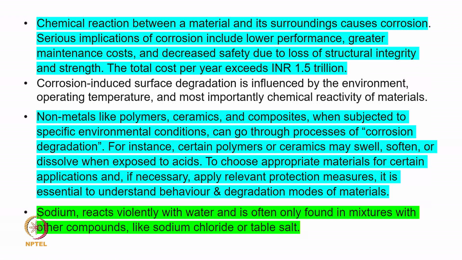Let us take an example. Certain polymers and ceramics may swell, soften, or dissolve when exposed to acids. To choose an appropriate material for a certain application, it is necessary to apply relevant protection measures. Also, it is necessary to understand the behavior and degradation modes of the material. So, that is why this course is important.